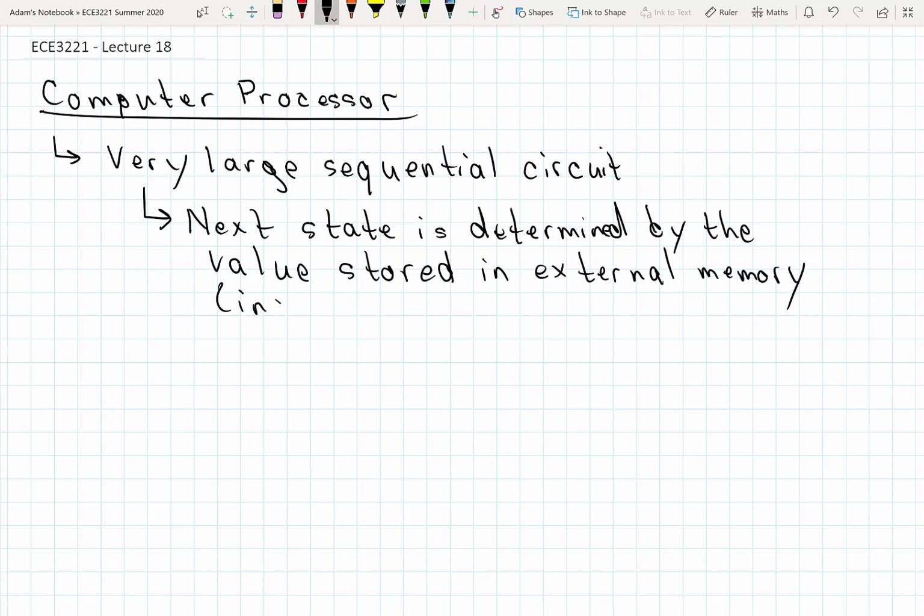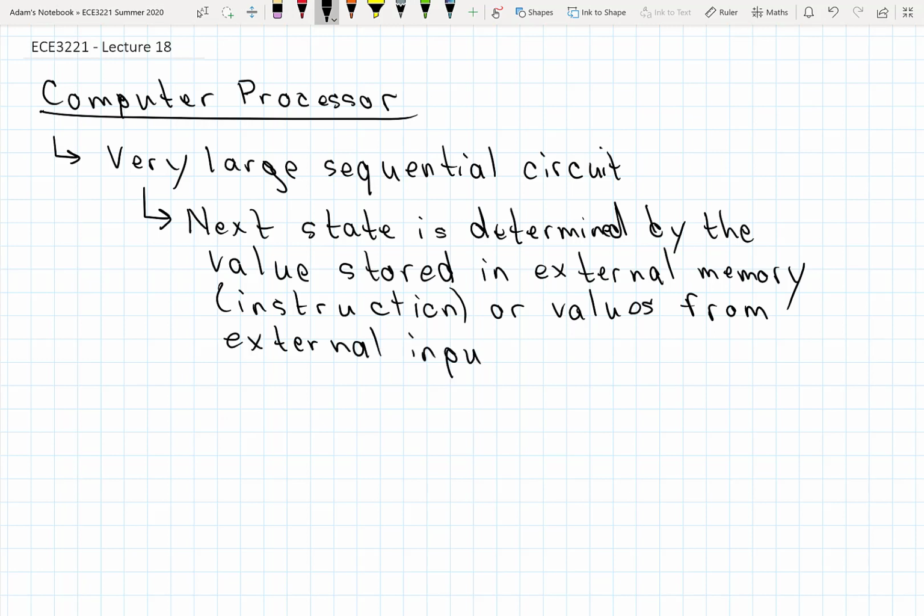That value being the instruction, or values from external inputs. Okay, and we'll look a bit more at conditional statements, and how using those conditions will determine what our next state is, and the sequence of events we go through.